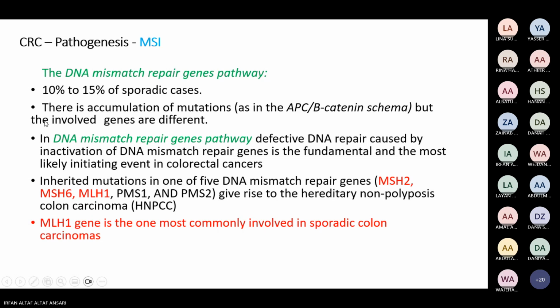So 10 to 15% of the sporadic diseases are due to the DNA mismatch repair gene. Okay. So this DNA mismatch repair gene pathway defectively repairs the DNA. They insert a wrong base in normal DNA and you get different types of carcinomas.